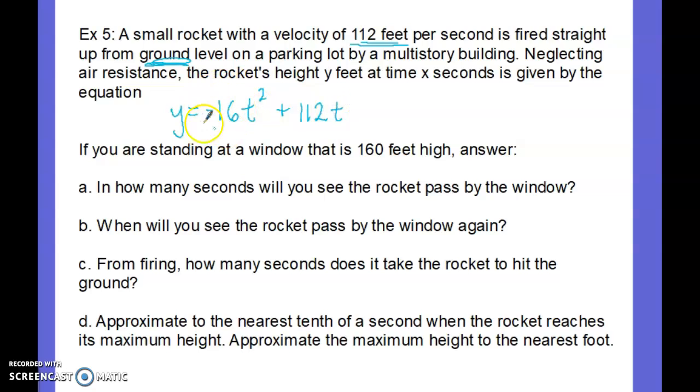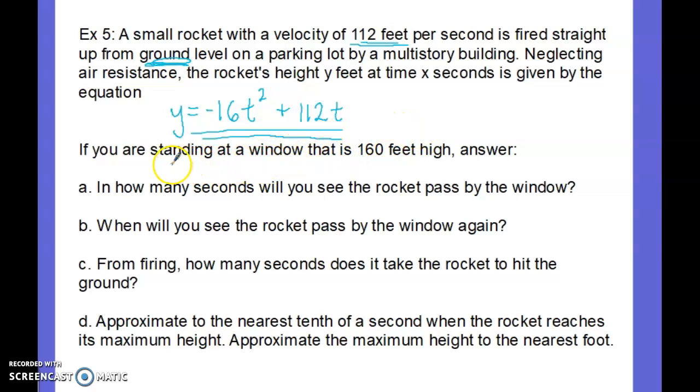Now this negative 16 in front represents the gravity pulling the rocket back to Earth, and this 112 represents the velocity. There's some other math behind it, but you won't have to come up with this equation. I'll give you that equation. You don't have to stress about that. If you open your book, it explains it if you're really that interested.